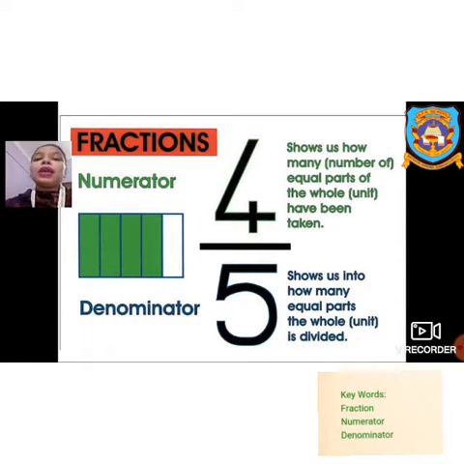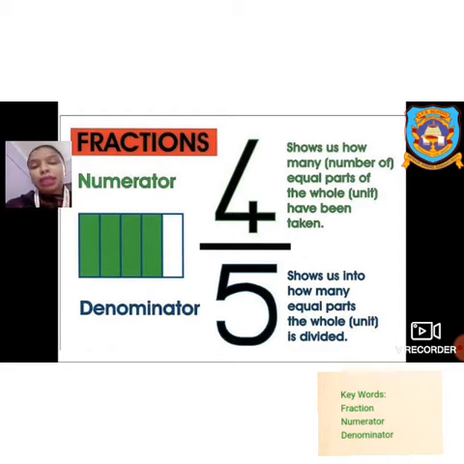Now if someone asks you what is the fraction of the shaded part of the rectangular bar, what will you say? You will say it is 4 by 5, because 4 represents the number which is shaded and 5 is the division. When you divide any object, here it is a rectangle, it can be a pizza, an orange, a chapati, it can be anything.